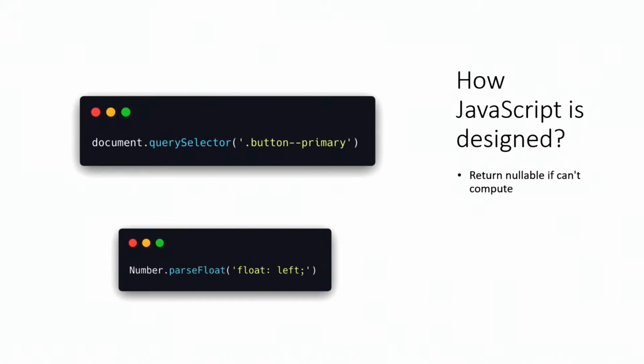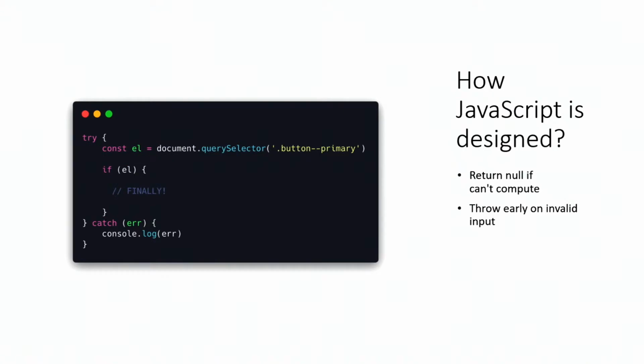Sometimes JavaScript just returns some kind of nullable thing if it can't compute the thing. So it could be null, undefined, not a number. On top of that, it could throw if the input is in some way invalid. In the case of querySelector, if you pass an invalid selector, that will crash, which was a big surprise for me.